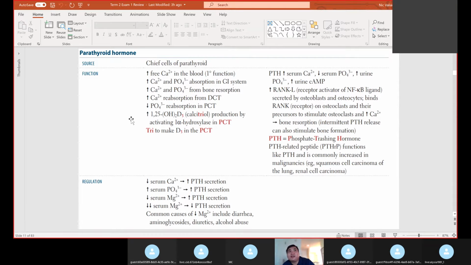Since we're talking about PTH, let's go back to term 1 and talk about vitamin D synthesis. Okay, tell me, first, what? You have cholecalciferol, and then what happens? It goes to the liver. There's an enzyme in the liver that converts it to calcidiol. What is it?